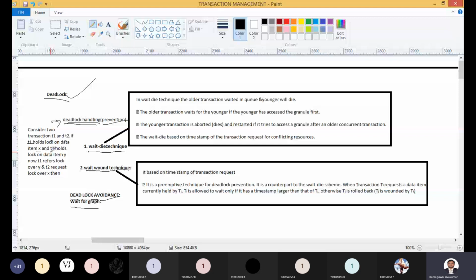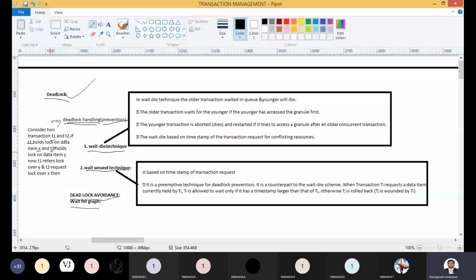In the wait-die technique, the older transaction waits in the queue and the younger will die. The older transaction waits for the younger if the younger has accessed the granule first. The younger transaction is aborted, meaning it is going to die, and when restarted, it tries to access the granule after the older concurrent transaction.